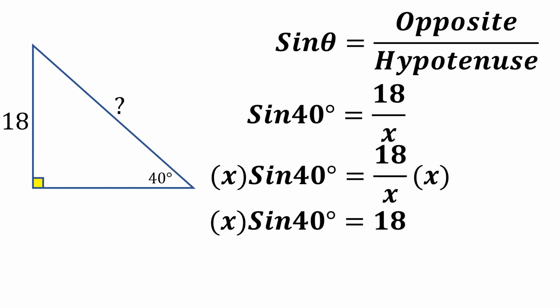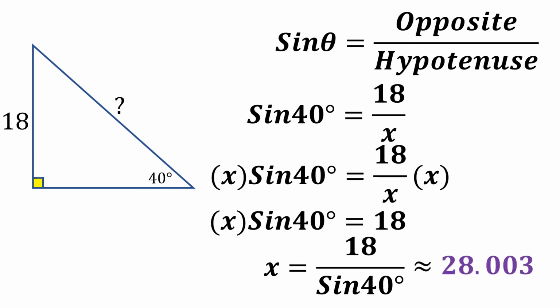So we will cancel out the x on the right side and then divide both sides by sine of 40 degrees so that x will be isolated, and then we will get the value of x, which is approximately equal to 28.003.